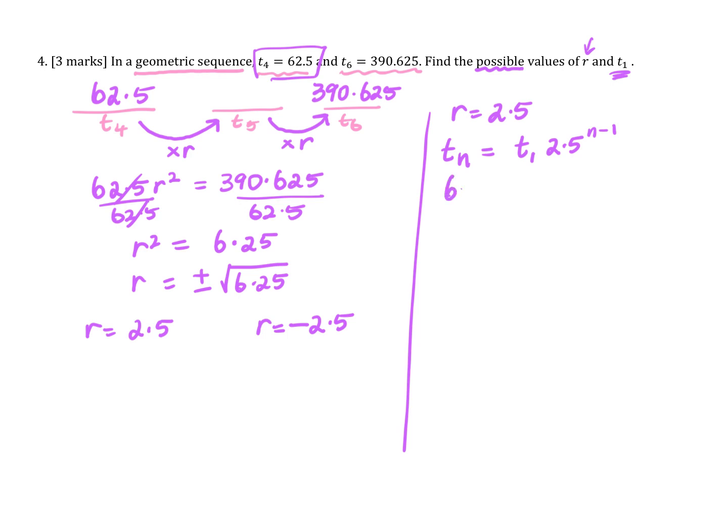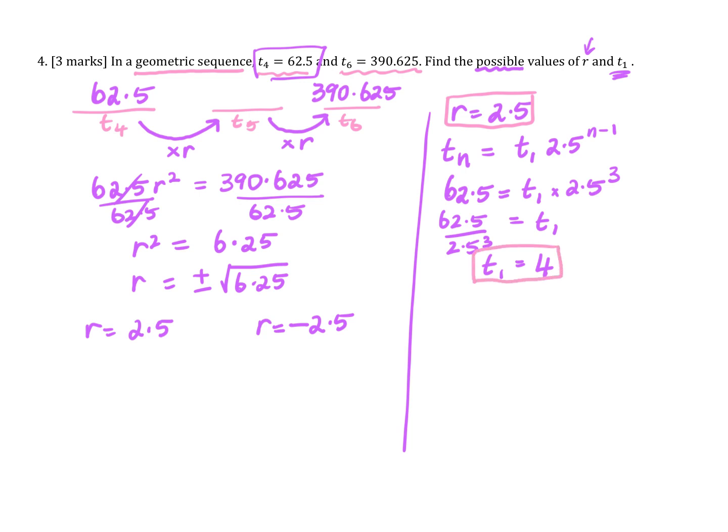Term 4, 62.5, is equal to term 1 times 2.5, that's term 4, to the power of 3, which gives me term 1 is equal to 62.5 divided by 2.5 to the power of 3. There we are. Term 1 is equal to 4. Now, that is one pair of solutions. That one and that one match.